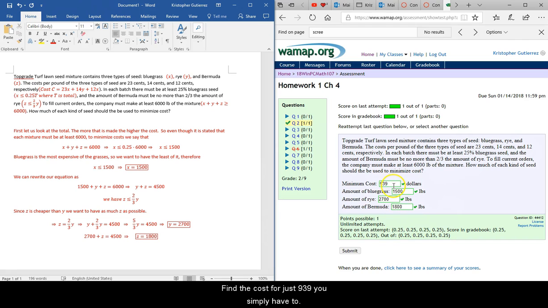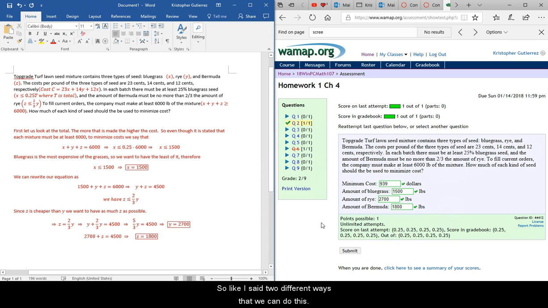To find the cost, which is $939, you simply have to put everything into this equation. 0.23, because they want it in dollars, so we have it in cents up here. 0.23 times 1,500 plus 0.14 times 2,700, finally plus 0.12 times 1,800. Add those all together and you'll get $939, and that will be your minimum.